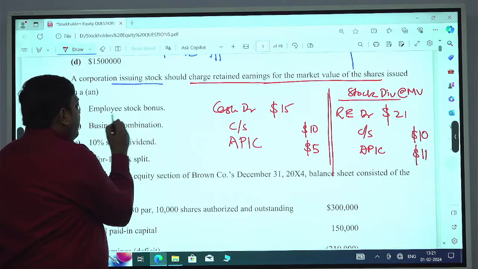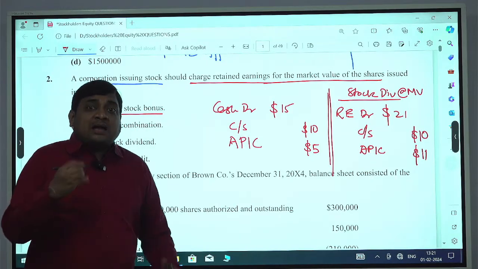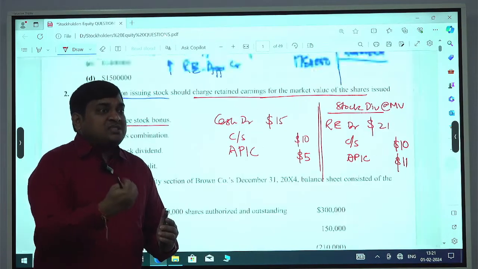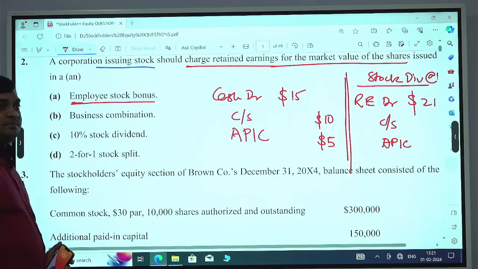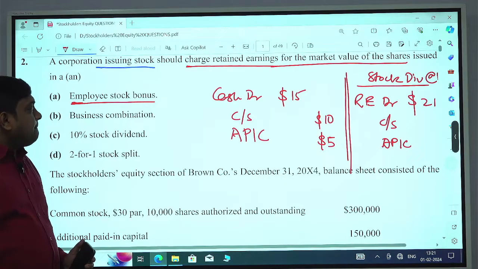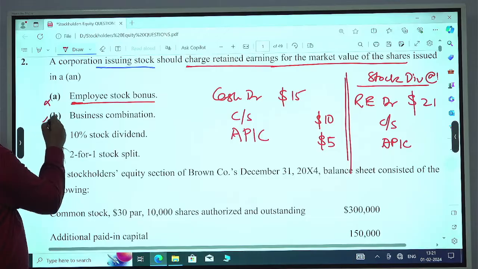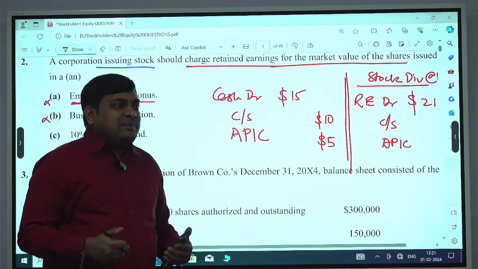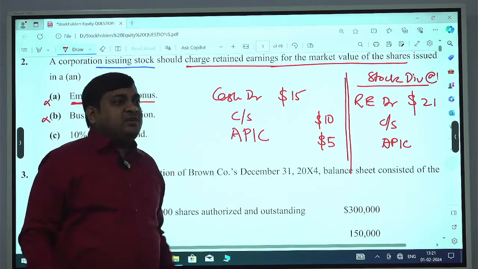In ESOP, some amount is taken from the employee once the option is vested. Business combination: we purchase assets and liabilities, and in lieu of that, we issue shares. We never debit retained earnings for the market value.